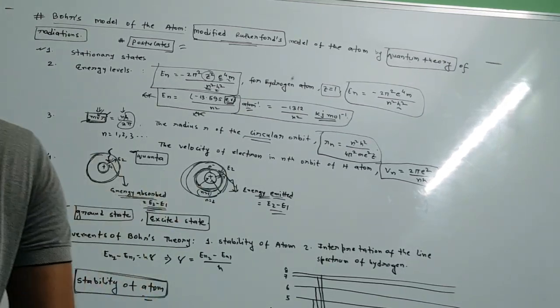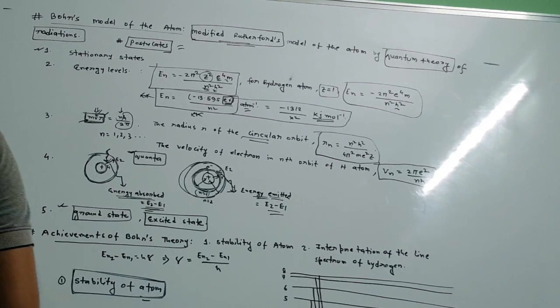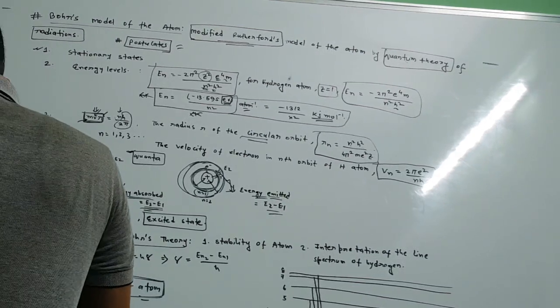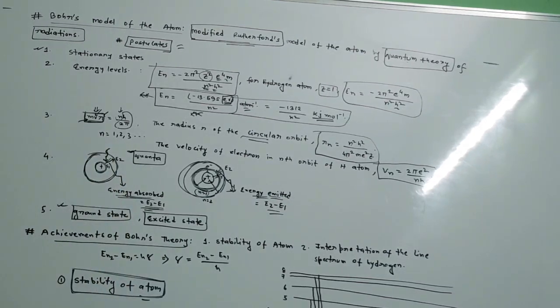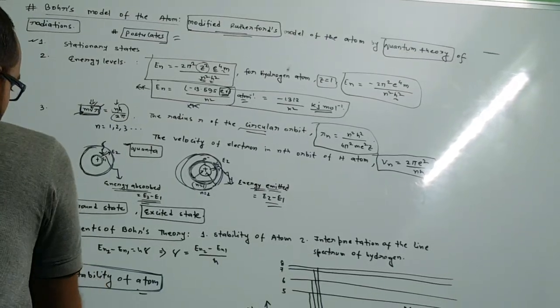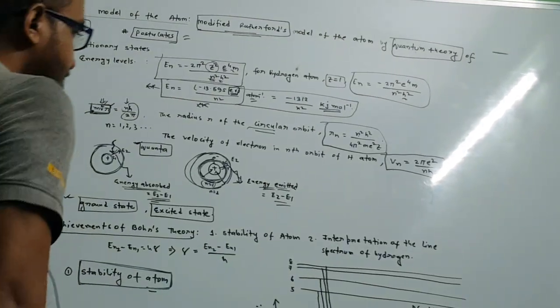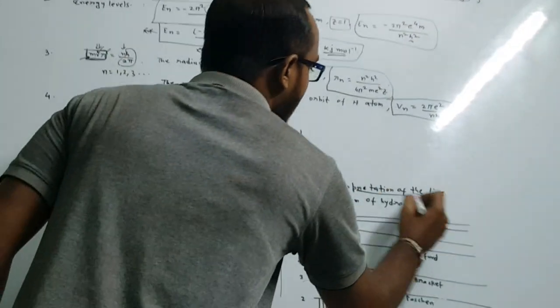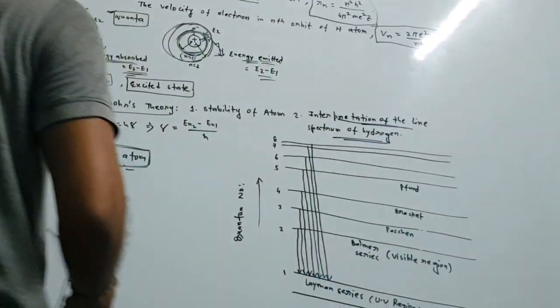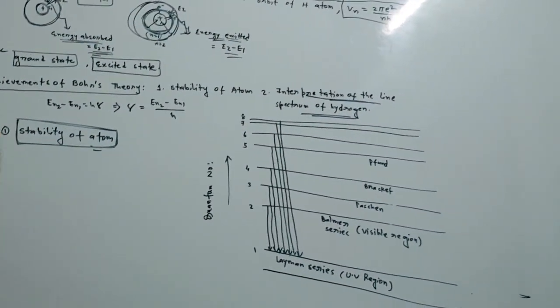The second achievement is the interpretation of the line spectrum of hydrogen, which Bohr's model interprets very conveniently.